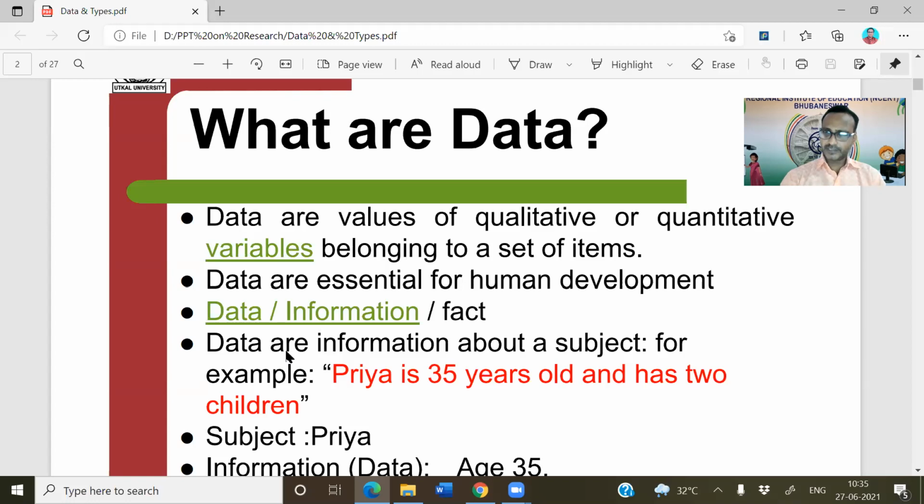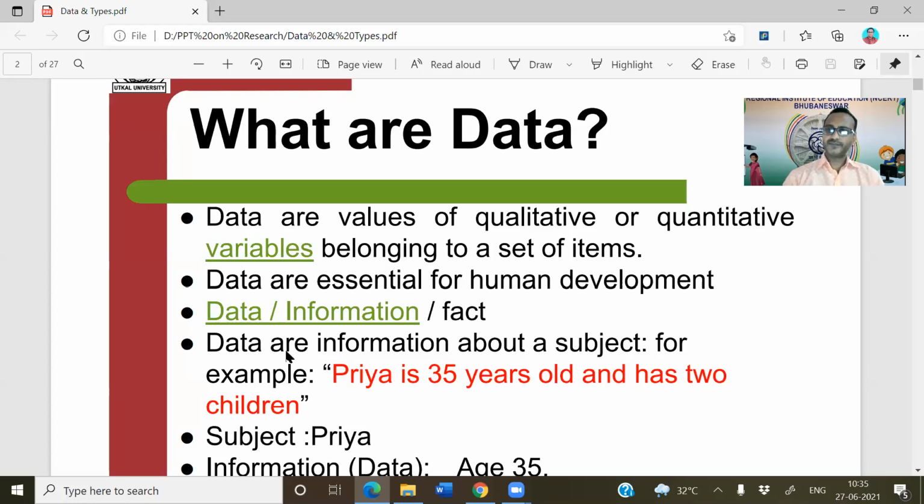Because whenever you collect information, not a single piece, you are collecting a series of information, a large number of information from different sources. And whenever you collect data or information, you are collecting it regarding some variables. You know variables?